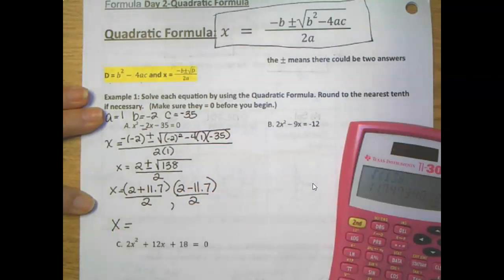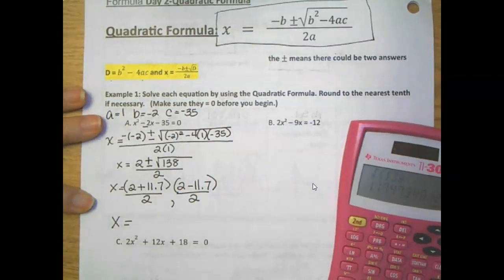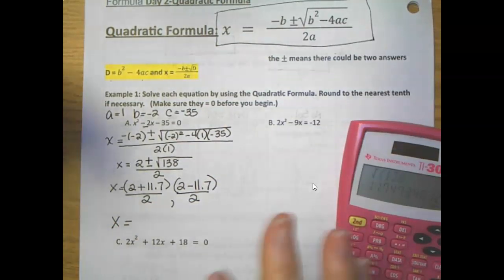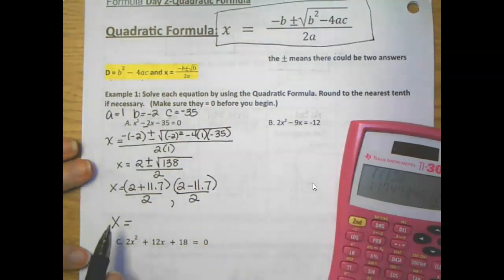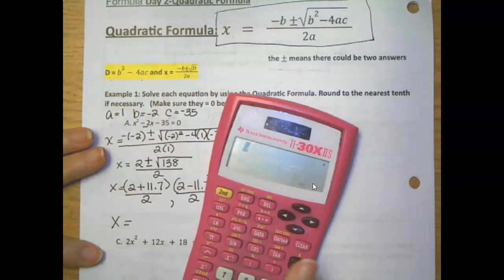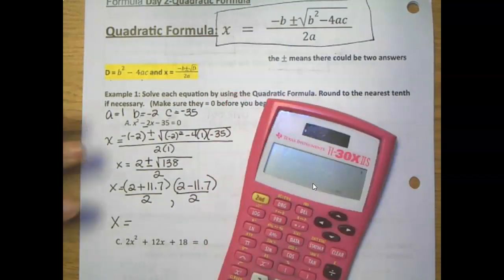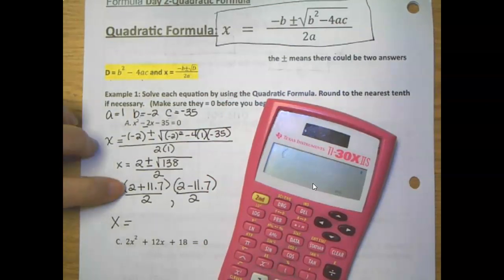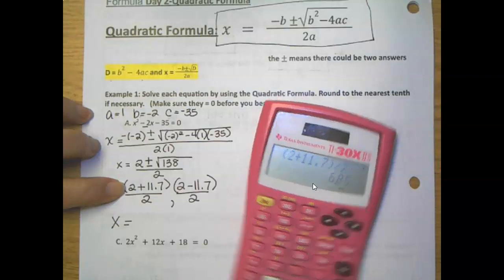Now, all of this, what we did for factoring, all that good stuff. Sometimes they want those factors, but sometimes they just want these solutions. So this is just like I said, the all-star way to find those solutions. So in parentheses, I'm going to put 2 plus 11.7 divided by, I have to put that in parentheses, 2, or you're not going to get the right answer.